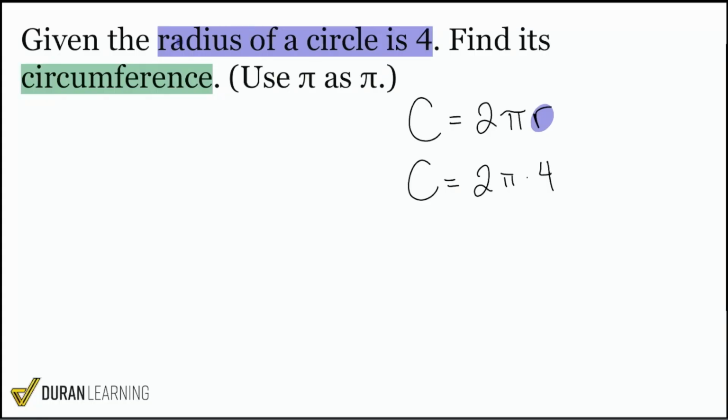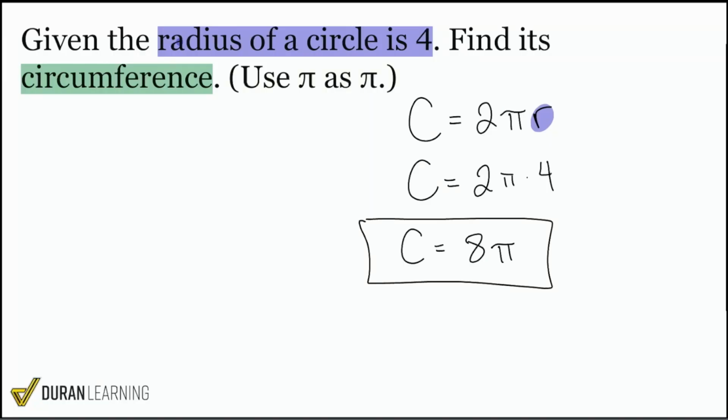I know it sounds fancy, but all that means is the 2 and the 4 can be multiplied together because we can just rearrange the multiplication. So the answer that we get at the end of the day is 2 times 4 pi, which is 8 pi. And that's our circumference in this problem. And there we are.